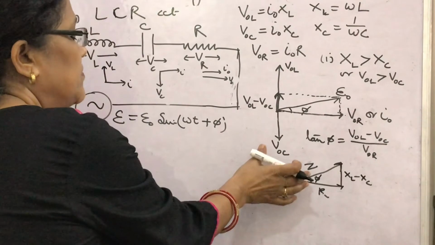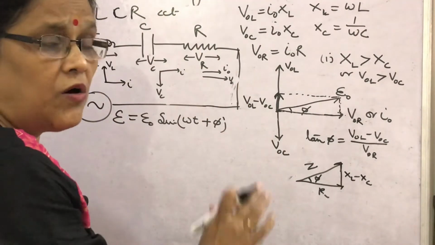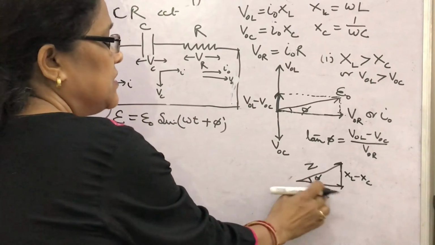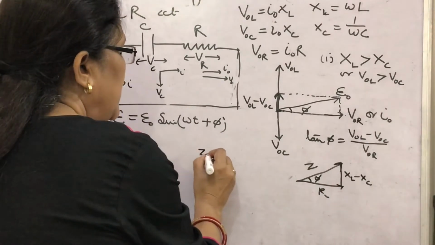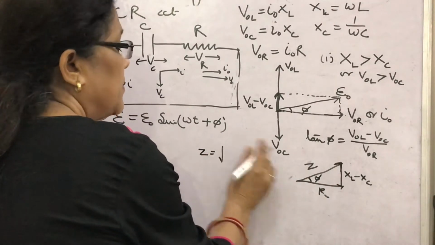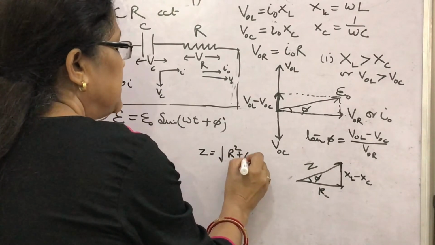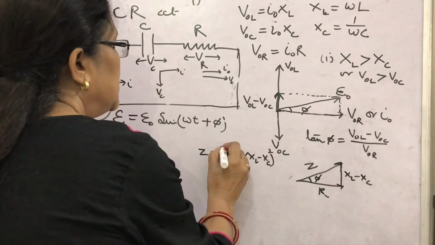It is asked to find the impedance in series LCR circuit. How will you find the impedance in series LCR circuit? From this relation, this is the impedance triangle. Here, how will you find Z? Z will be by the vector sum, that is under root R square plus XL minus XC whole square.